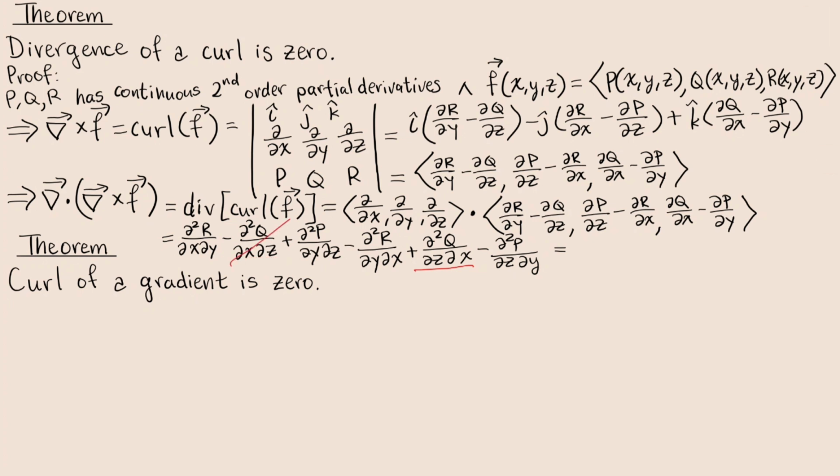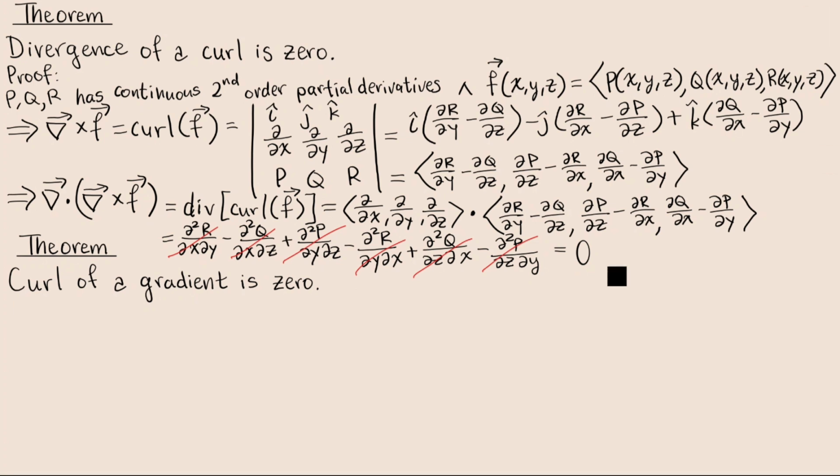So they will cancel each other out right over here. Then we have these two are going to be the same, and these two are going to be the same because of Schwarz's theorem. So at the end of the day, we're going to get the number 0. And that completes the proof for this one.